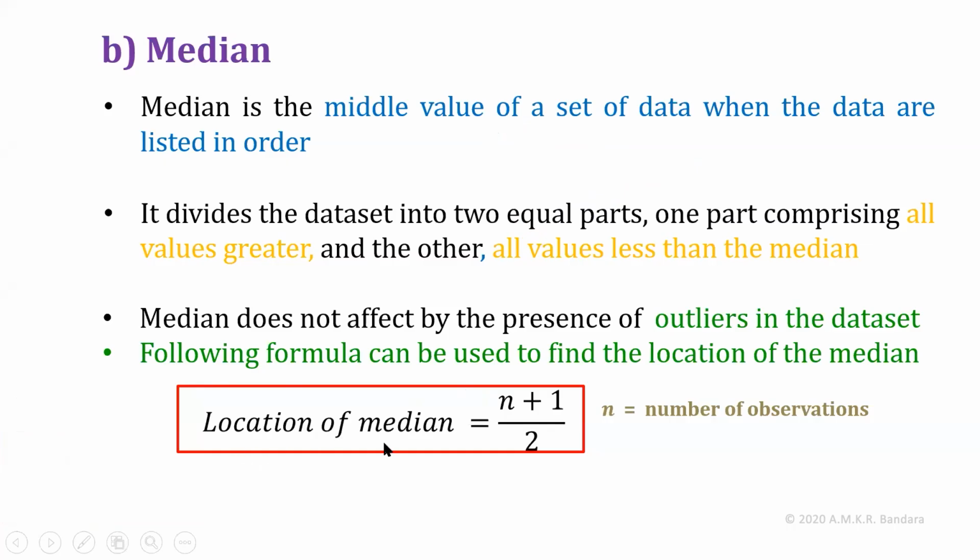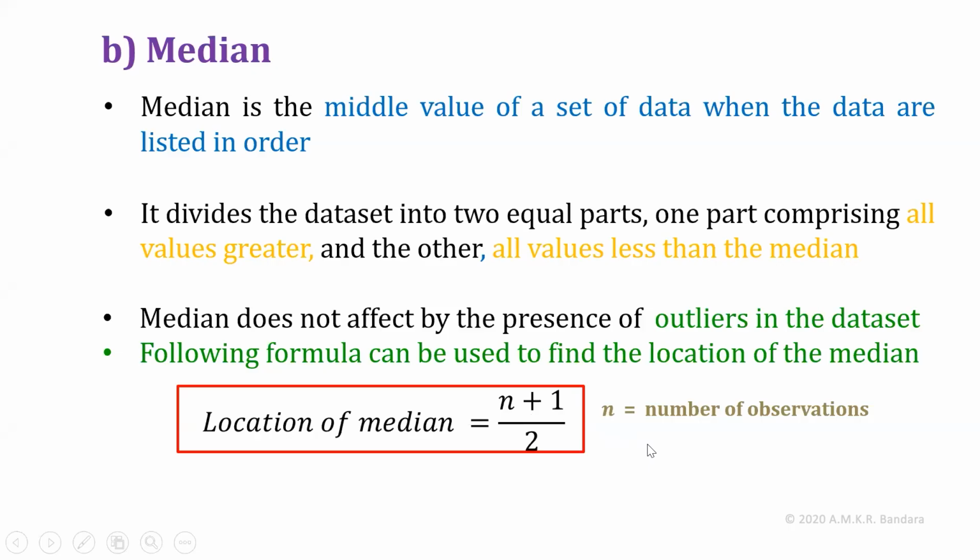We can find the location of the median of a data set using this formula: n plus 1 divided by 2, where n is the number of observations. If there are 10 observations, n is 10, 10 plus 1 is 11, divided by 2 is 5.5.